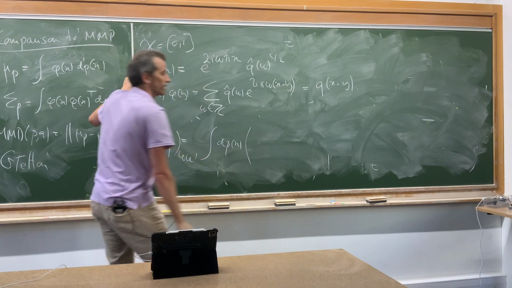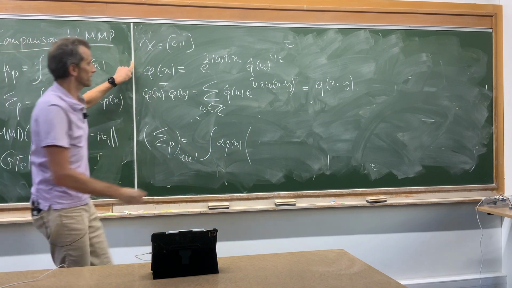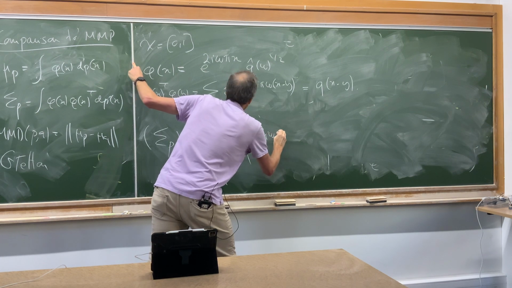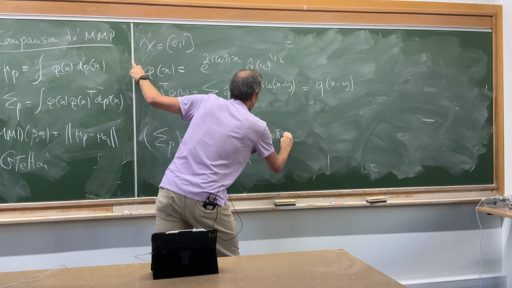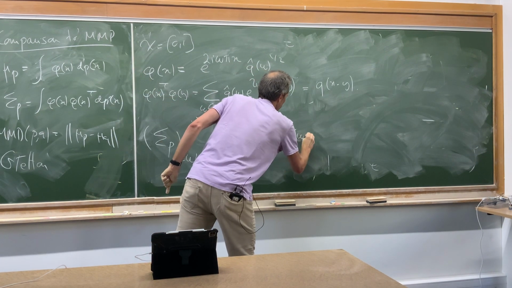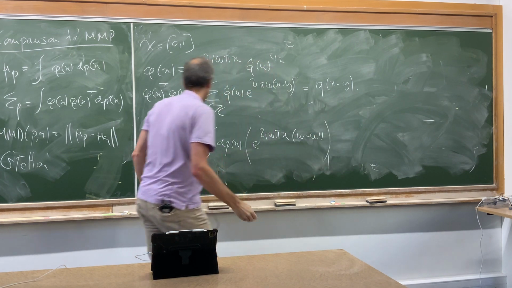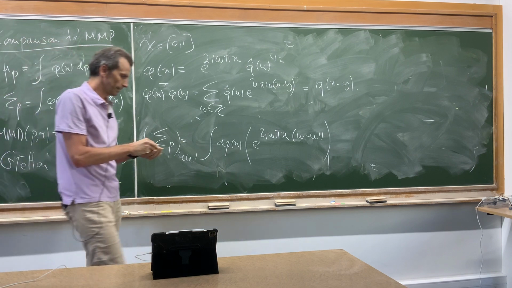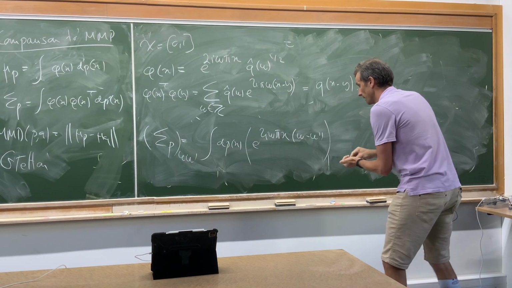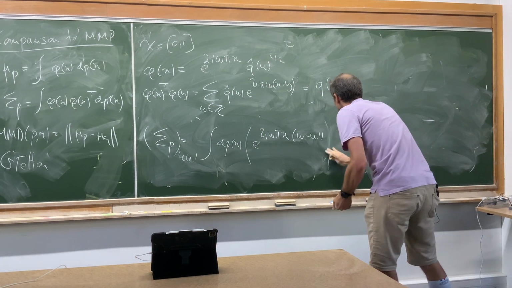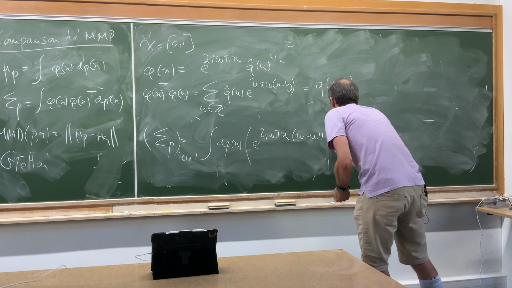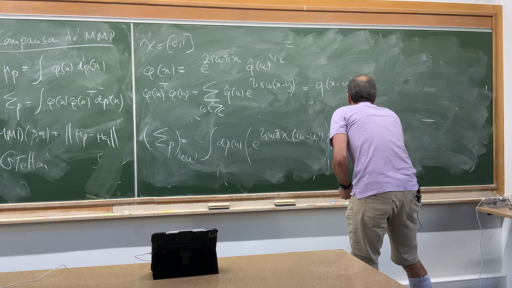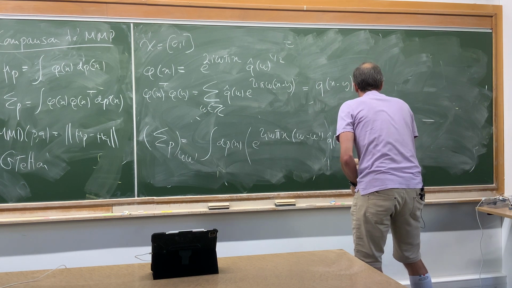I do the physics way, I put the dp of x before, and then you get the exponential of 2i pi x times omega minus omega prime. I'm just taking the omega, omega prime element, times q hat of omega to the 1/2, times q hat of omega prime to the 1/2.